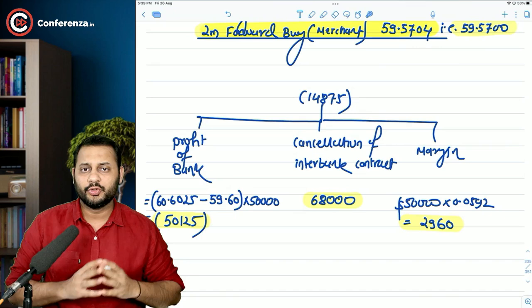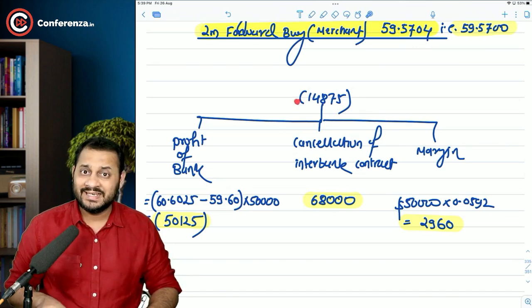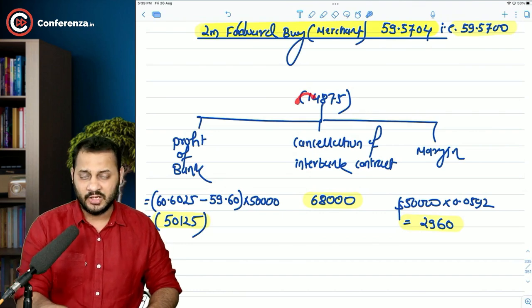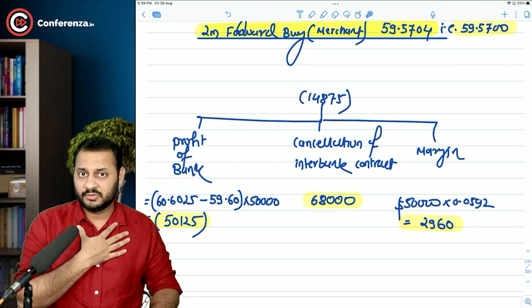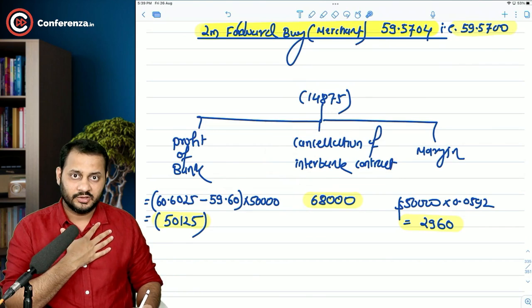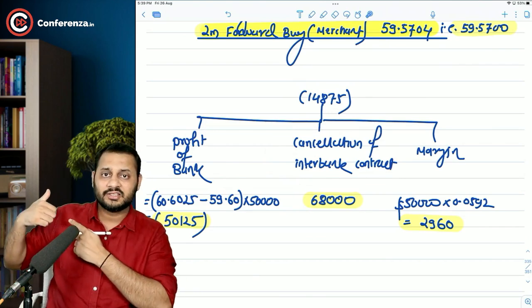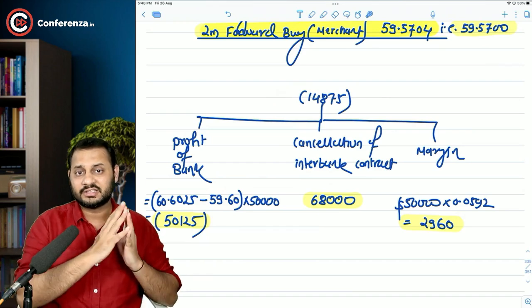What I want to show you with this explanation is that whenever a bank recovers or pays anything to the customer, then the bank's interbank transaction profit or loss is already adjusted in that.